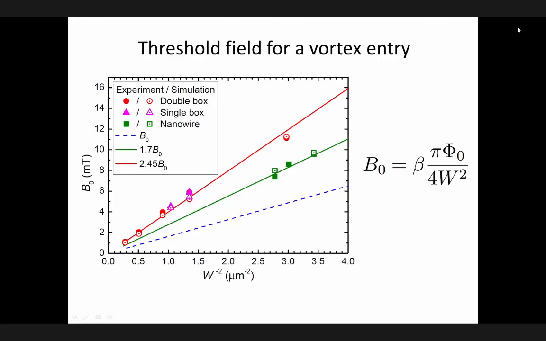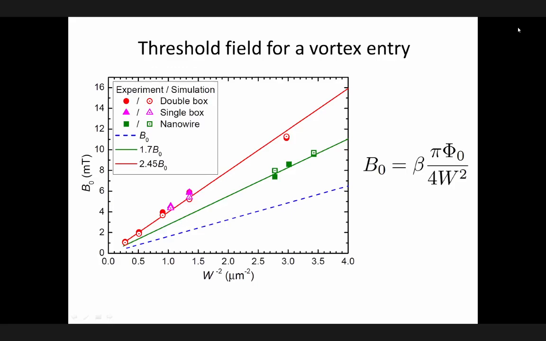According to an analytical derivation, the first vortex entry field is B = β Φ0 / W squared, where β is some geometrical factor, also of order unity. So whenever a single flux quantum is threading this area of the box, this is the condition for first vortex entry.